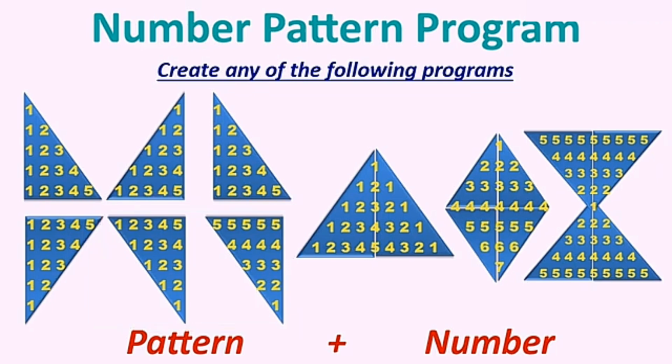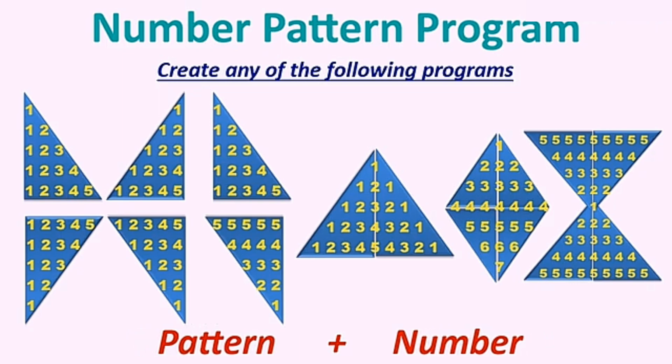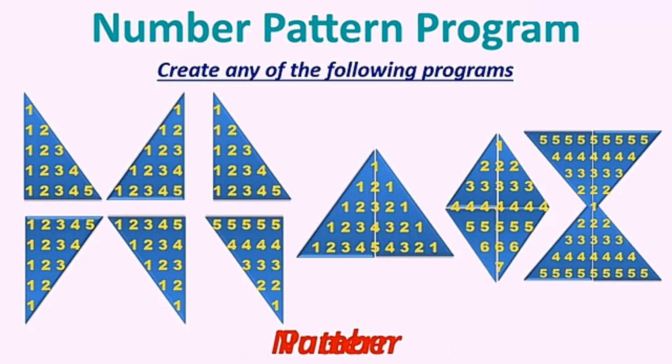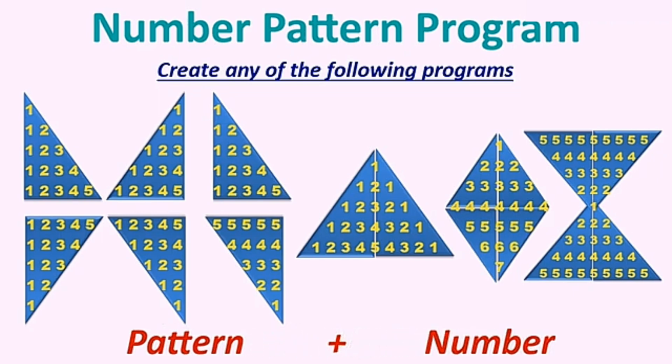If you are new to number pattern programming, the first thing you need to remember is that you should not mix the code for these two. Means your program will have two separate logics, one to make the pattern and the other to put in the numbers as per the question.